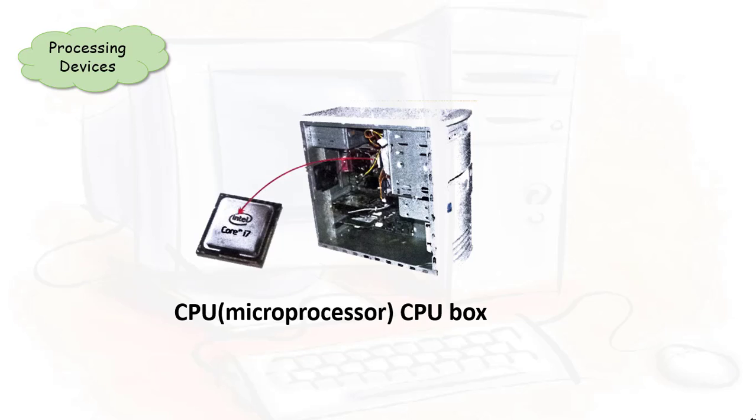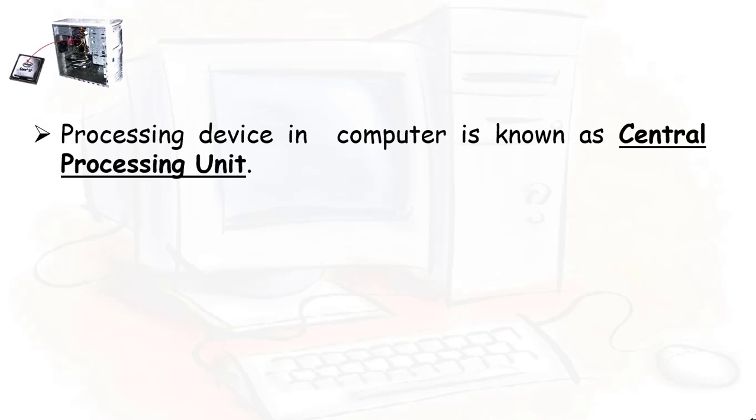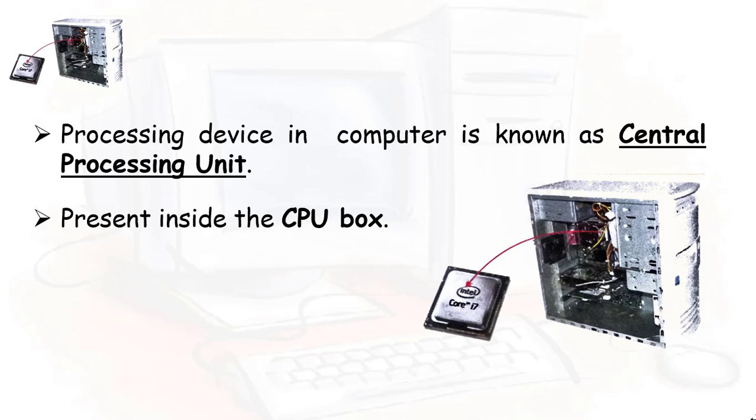As you can see in the picture, in the computer system the CPU, the central processing unit, works as the processing device. The processing device in a computer is known as the central processing unit, which is placed inside the CPU box.